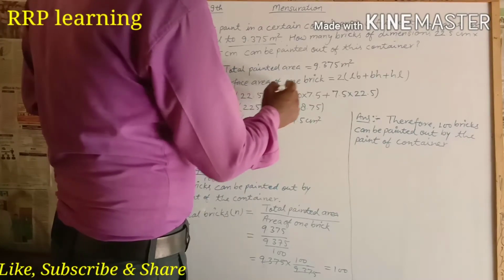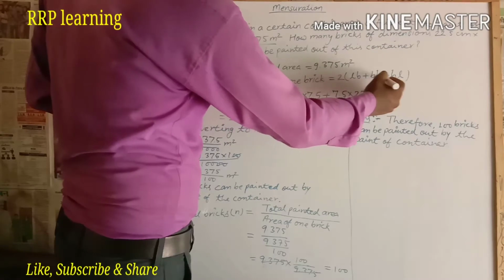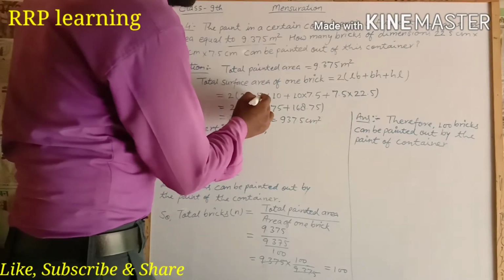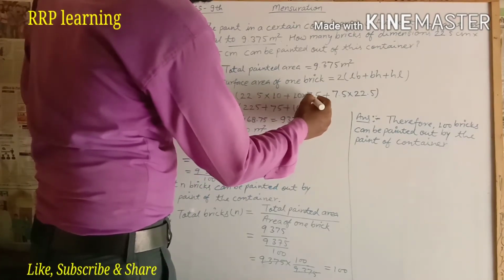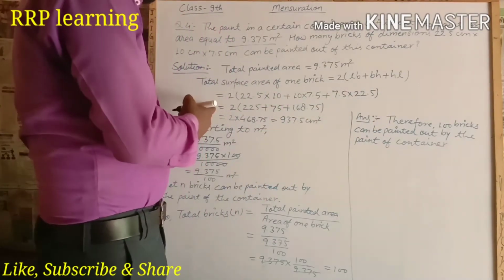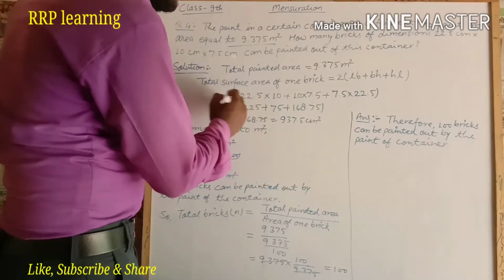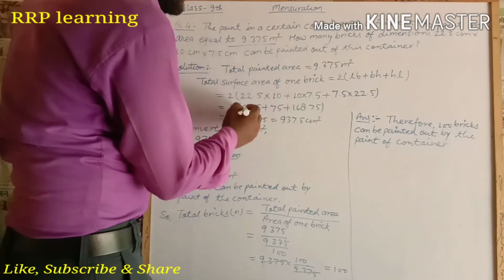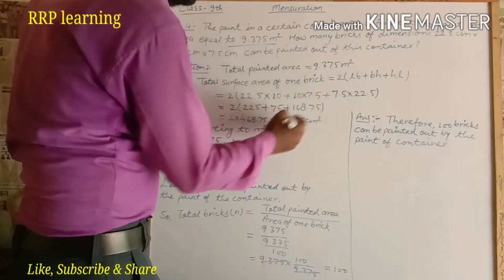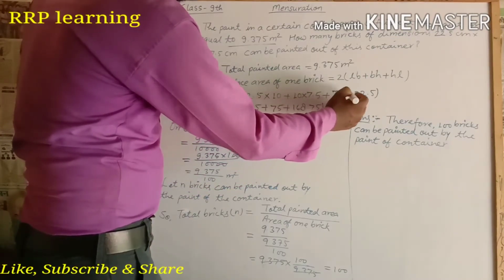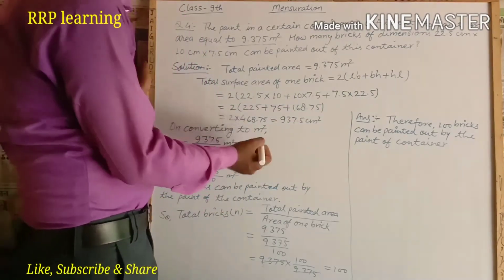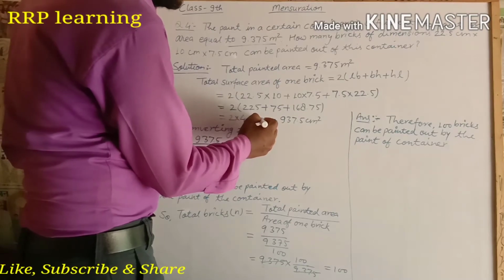Total surface area of one brick equals 2 in bracket LB plus BH plus HL bracket close, equals 2 in bracket 22.5 into 10 plus 10 into 7.5 plus 7.5 into 22.5 bracket close. 22.5 into 10 equals 225, plus 10 into 7.5 equals 75, plus 7.5 into 22.5 equals 168.75.